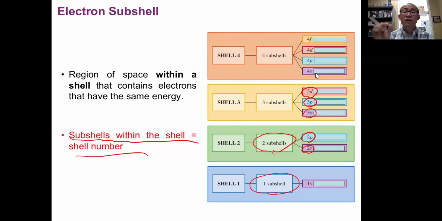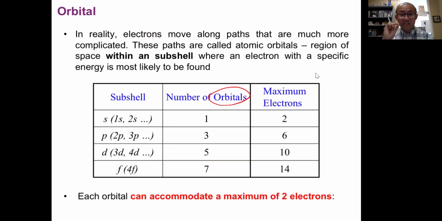Of course, in front of the letter there's a shell number, but subshells are S, P, D, and F. For S subshell, 1s, 2s, 3s, 4s, doesn't matter, there's only one orbital. And each orbital can accommodate 2 electrons. So the S subshell can only accommodate 2 electrons in total.